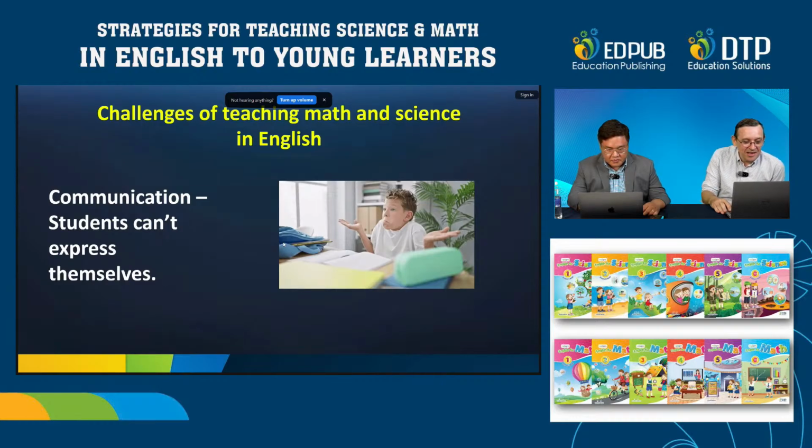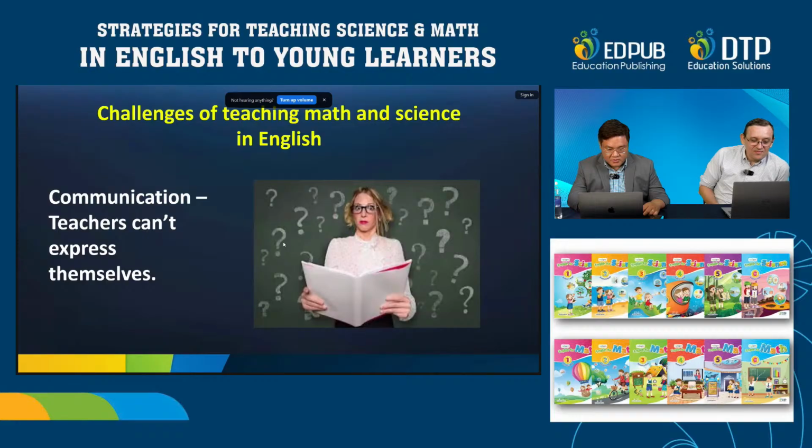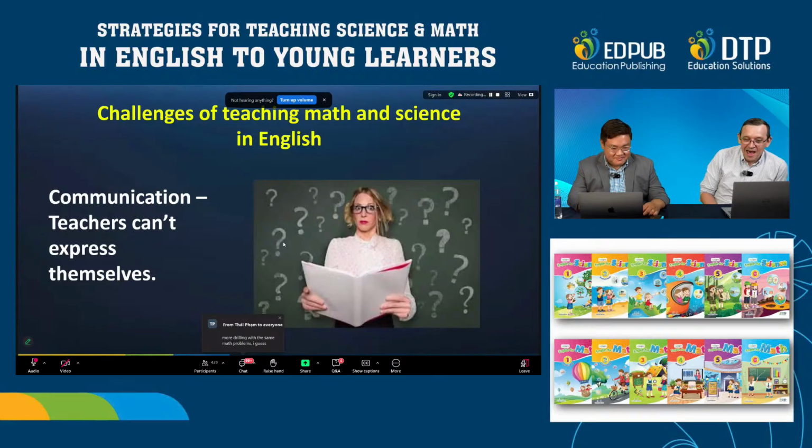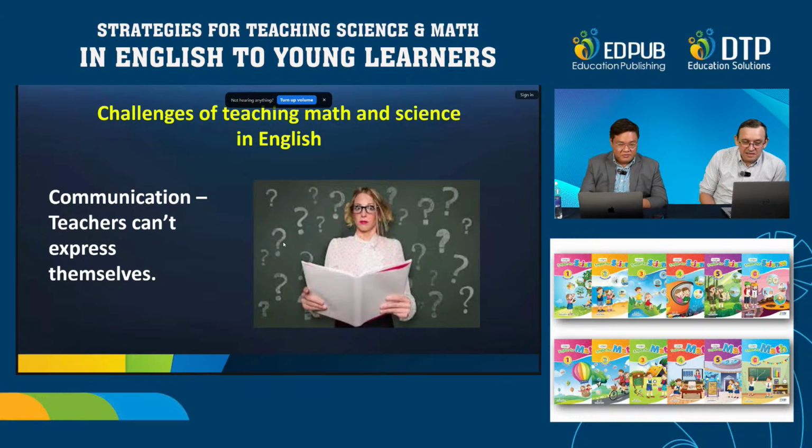And on the other side of the coin, teachers can't express themselves. So we have difficult vocabulary that might be challenging to use. We have difficult concepts that, if you're not a math teacher, can be very difficult to explain. So the concept might actually be easy, but the way that you explain it is a challenge.